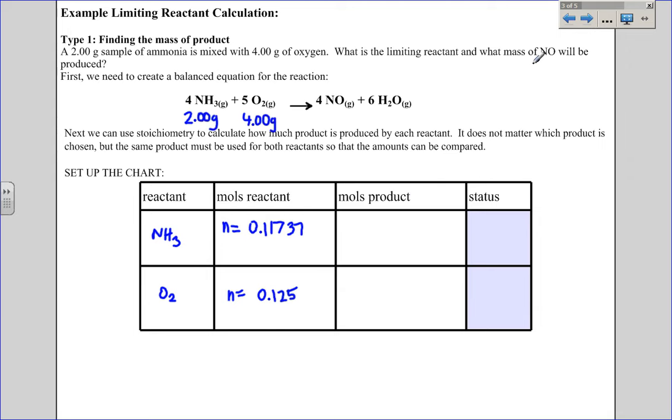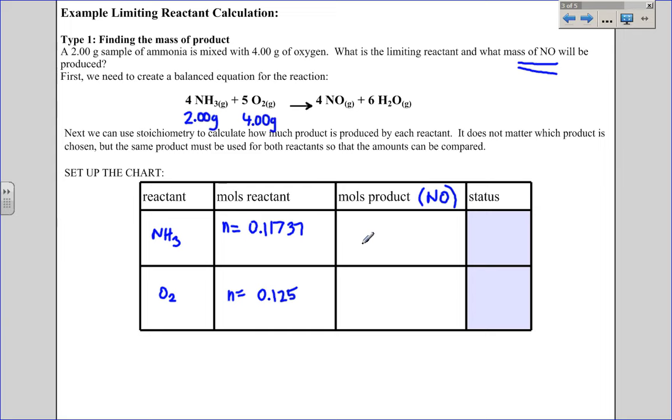In these problems, if they're presented to you in a two-part format, it's a good idea to look ahead to the next part of the problem to figure out which one would be easiest to base the problem on. In this case, we're being asked to find the amount of NO, so it's easier to look at the amount of NO that's being produced based on the ammonia and the oxygen.